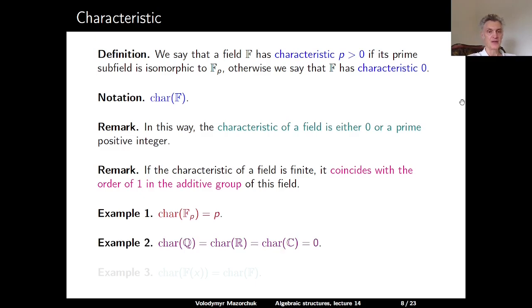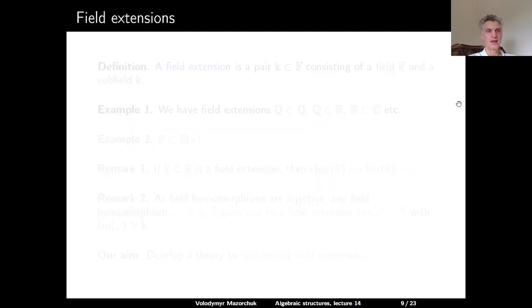Another example: the characteristic of the field of rational numbers is 0, the characteristic of the field of real numbers is 0, and the characteristic of the field of all complex numbers is also 0. And also, it's easy to see that the characteristic of the field of rational functions over F is the same as the characteristic of F, because those x's don't affect the notion of characteristic.